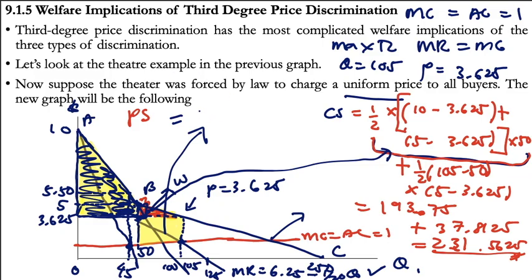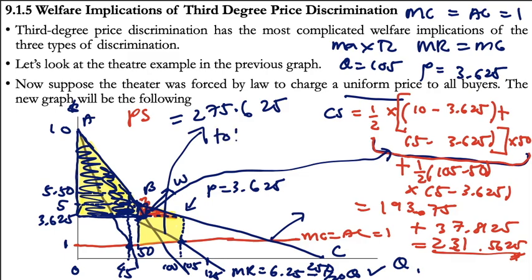It is 275.625. This is very easy to calculate. It's the shaded area, the yellow one here, the last one. So you have 105 quantity at this point 50. You have price 3625. You have 1 here. So you can calculate your producer surplus.